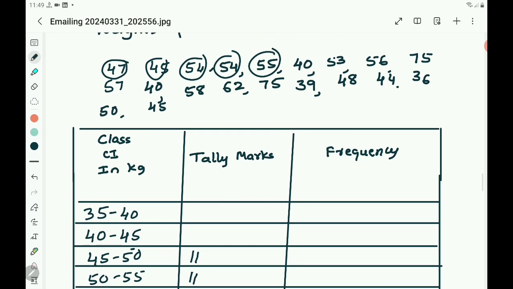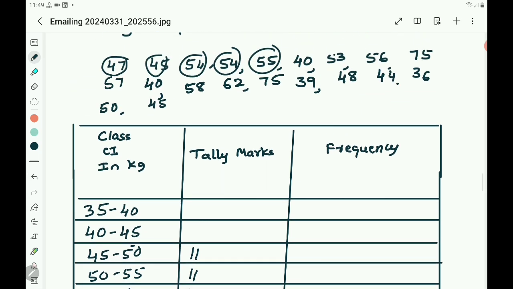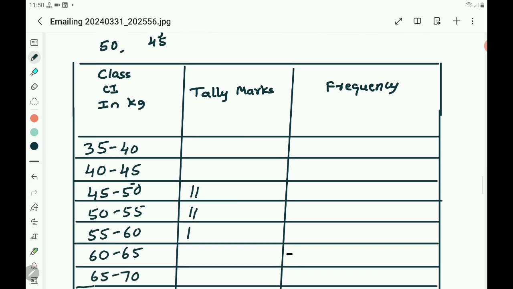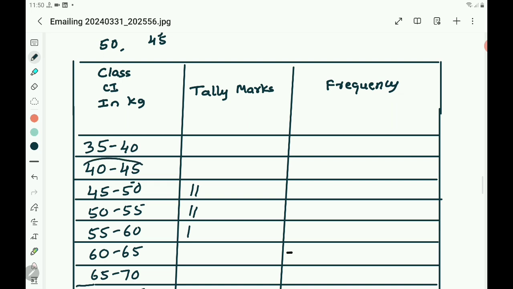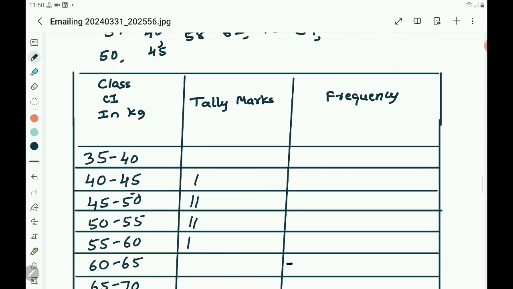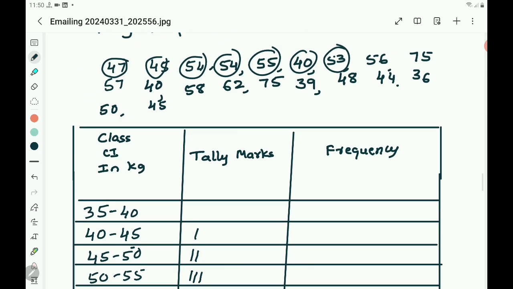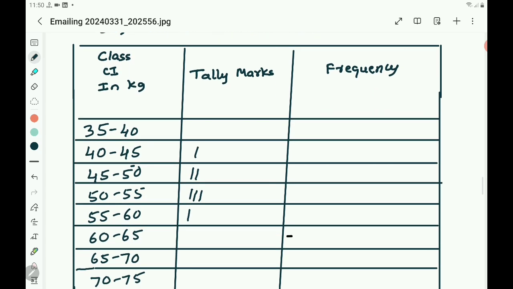Next 55. 55 comes in the group 55 to 60. Then 40. 40 comes in the group 40 to 45. Then 53. 53 comes in the group 50 to 55. Next 56. 56 comes in the group 55 to 60.